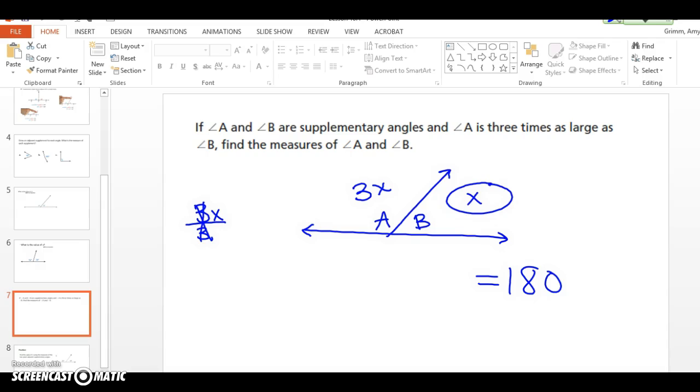So what's this angle? How much? 15. Is 15 3 times larger than 5? Does that make sense? If I said that x is 10, what's this side? 30. Is that 3 times larger than this one? Does that make sense? Okay, how would I write that in an equation?